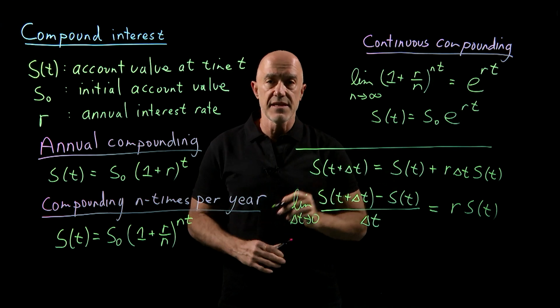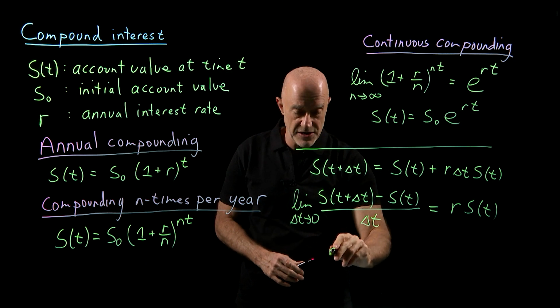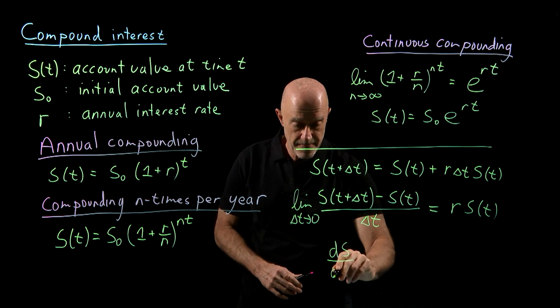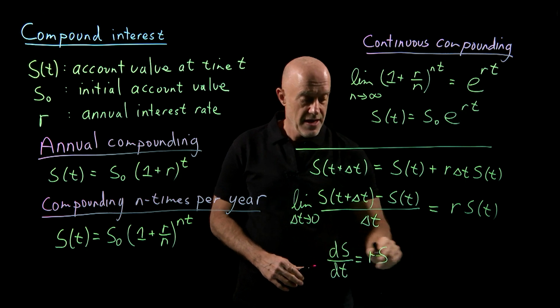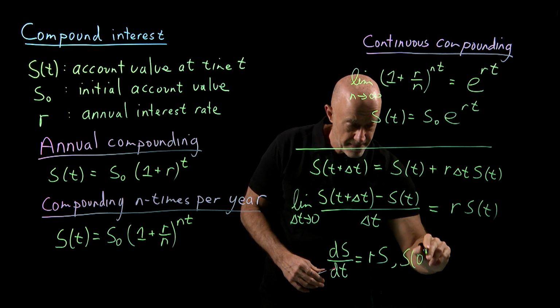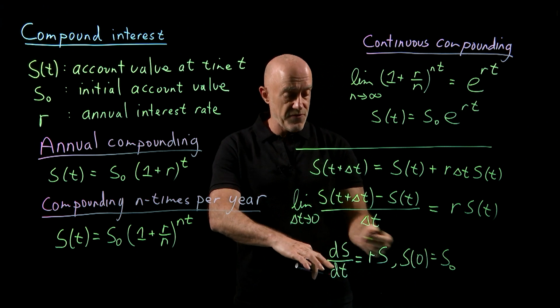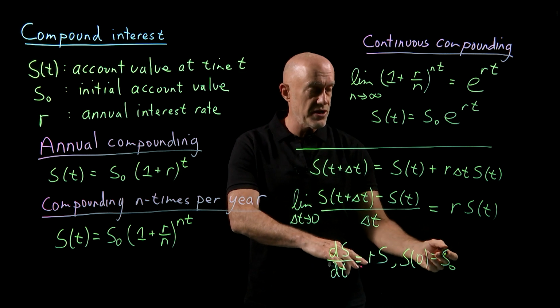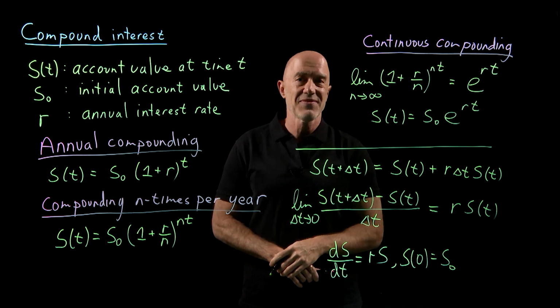That gives us continuous compounding. And this reduces to the differential equation dS/dt is equal to RS. Our initial condition is S of 0 equals S naught. And that's our differential equation and initial condition, which gives us the exponential function.